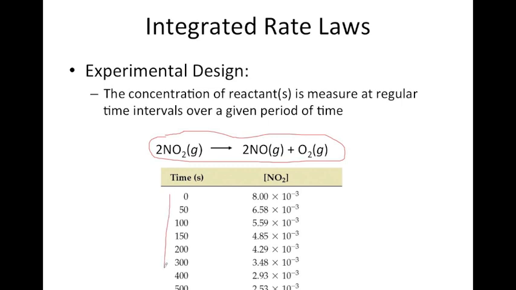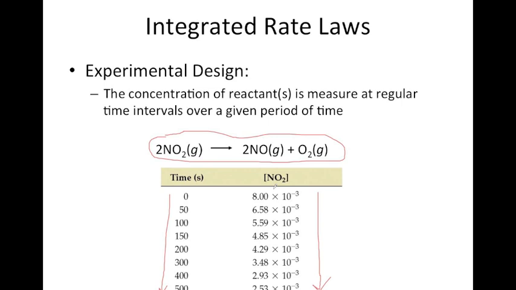So here you can see some sample data. We are increasing in time, and as we increase in time, you can see the concentration of our reactant decreases, which is what we would expect. So if we record the time versus concentration, we can use our integrated rate laws to analyze this data.